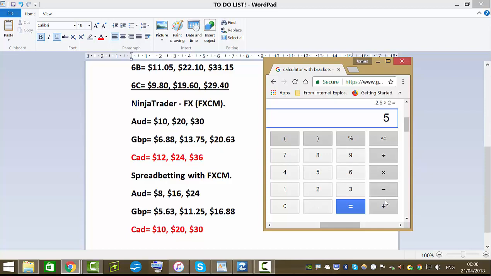So the spread would be plus, we said 0.3 pips multiplied by the per tick value, which is $6.25. You should get $1.87, so $6.87.5. I've rounded it up to 88.